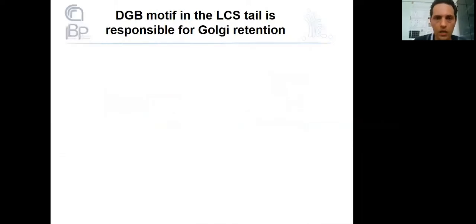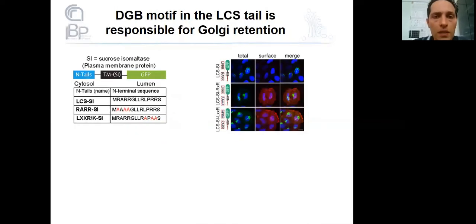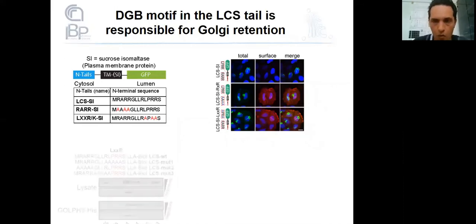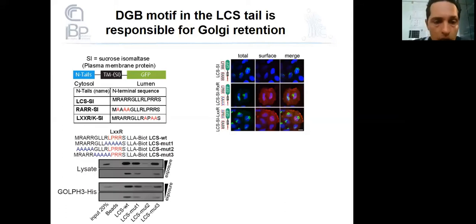Then, to find which amino acids in the cytosolic tail of LCS are responsible for the interaction with GOLPH3, we used the same biotinylated beads assay with mutated cytosolic tails of lactosylceramide synthase to test the interaction, and also mutated tails of sucrase-isomaltase, meaning that we implanted mutated tails of lactosylceramide synthase on top of sucrase-isomaltase.